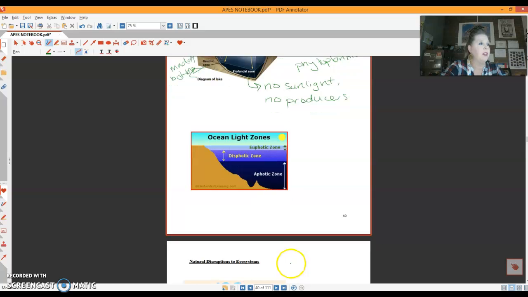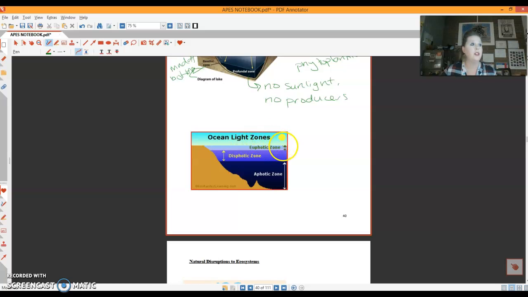Now I'm going to scoot down here to the ocean. So the ocean light zones. There are 3 ocean light zones categorized on how much sunlight they have, meaning how much sunlight is able to penetrate through that region of water. Okay. So the first one we have is what we call the euphotic zone. So photic means photosynthesis, sunlight.